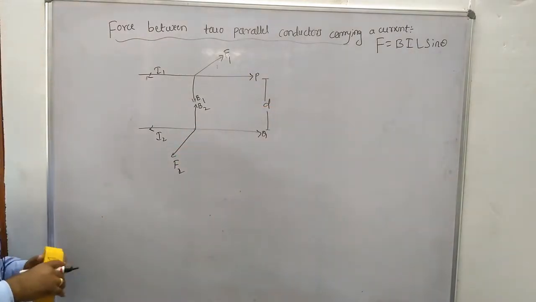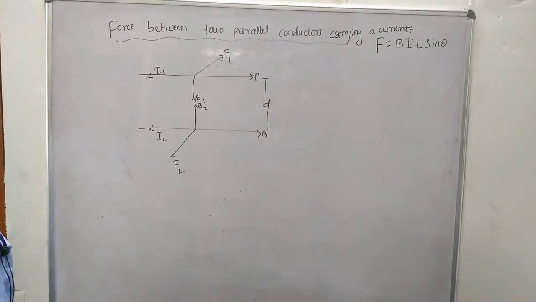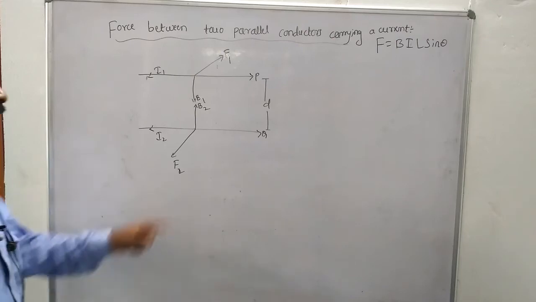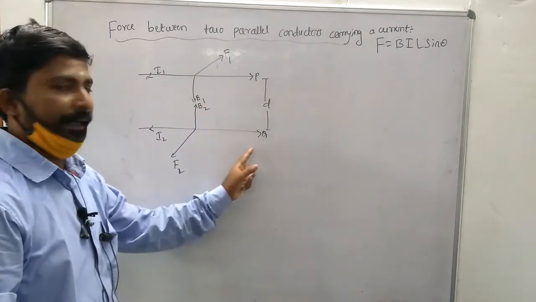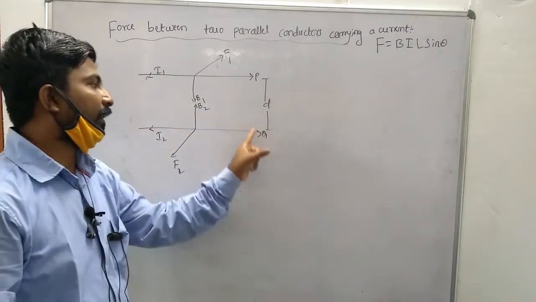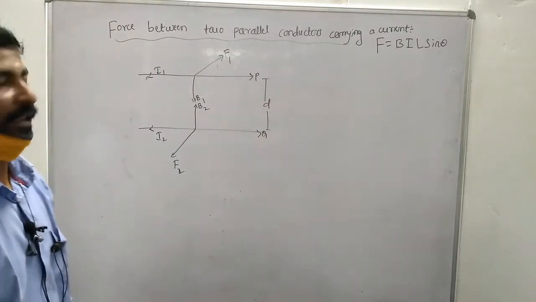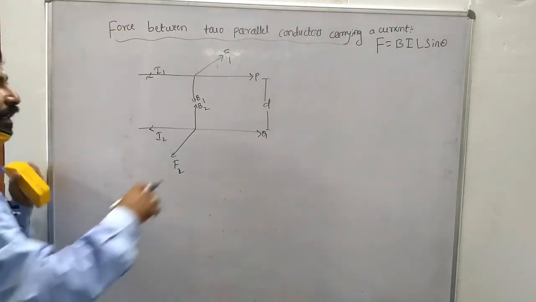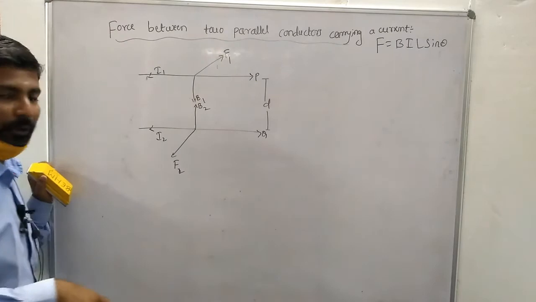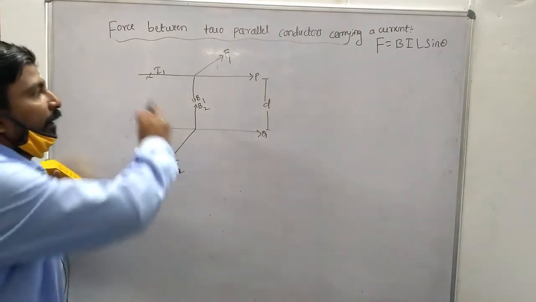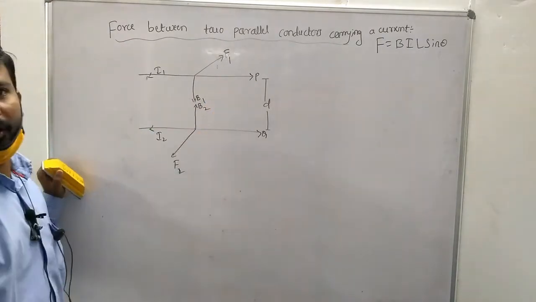Okay, force between two parallel conductors carrying a current. So consider two parallel conductors P and Q separated by a small distance D. Let the conductor P produce the magnetic field at all points around it.